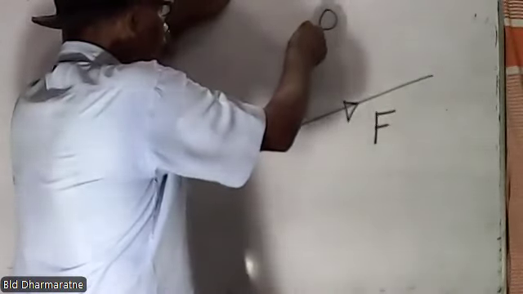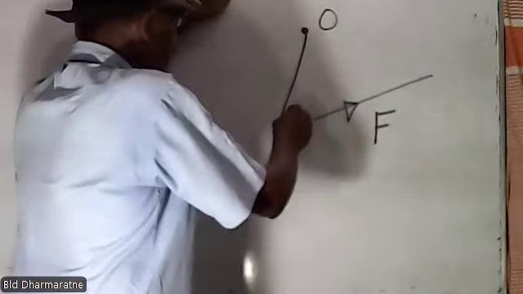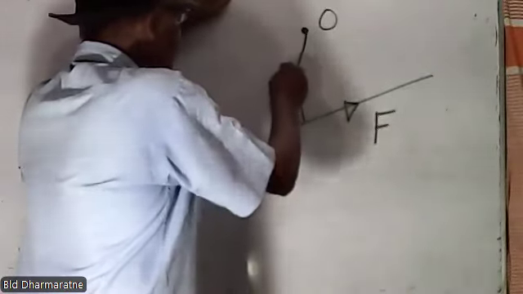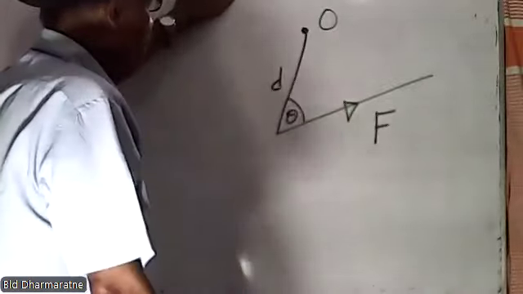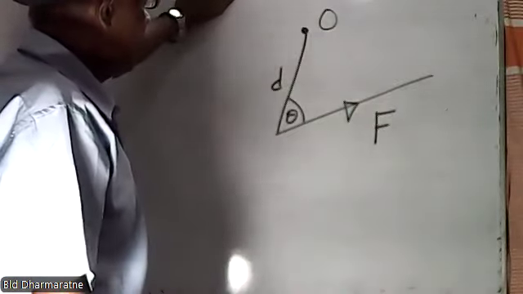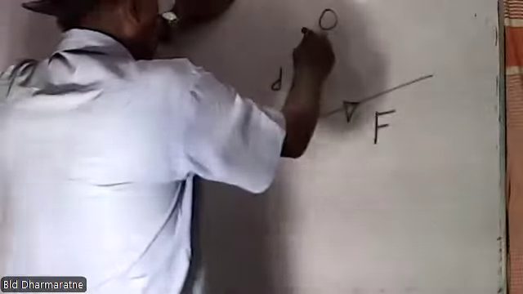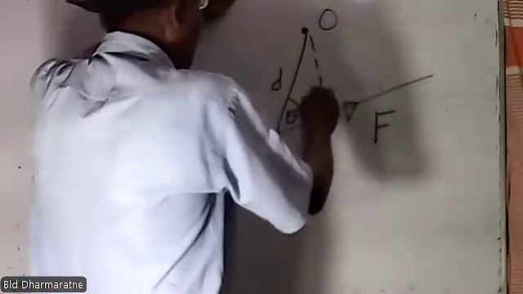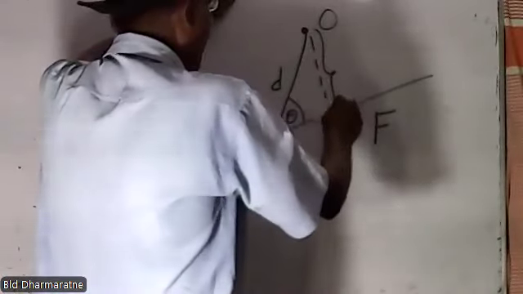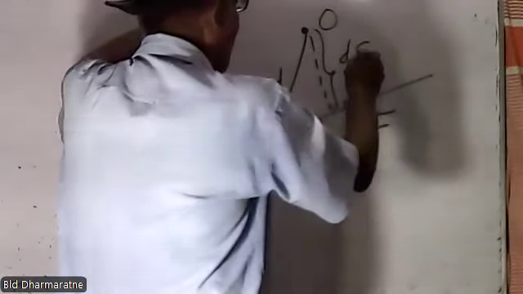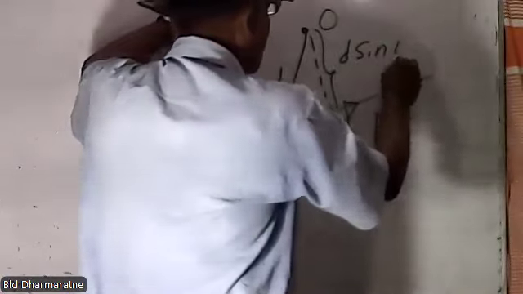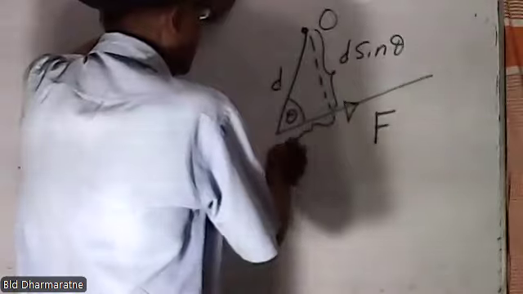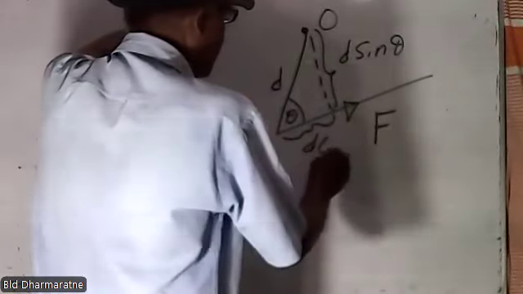Instead of the perpendicular distance, this angle theta and this distance d are given. The perpendicular distance, this one, is opposite to theta: d sin theta. This adjacent one is d cos theta.